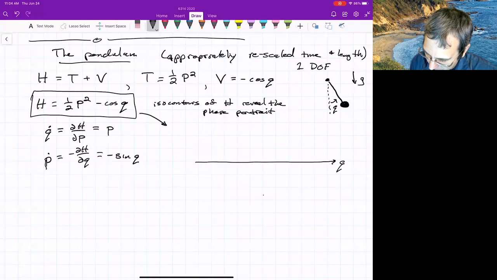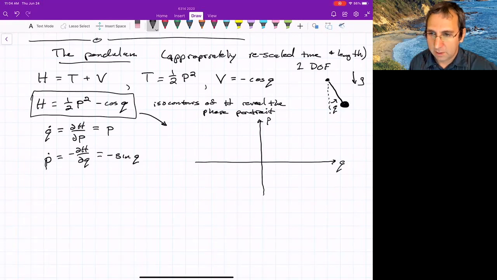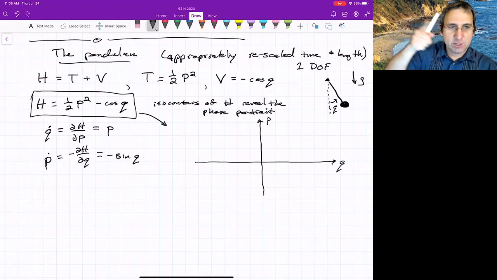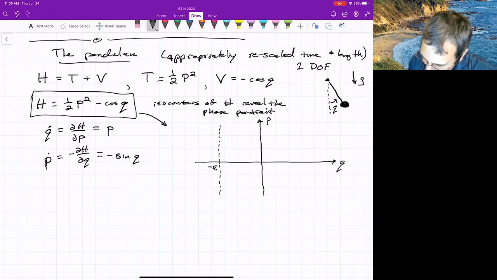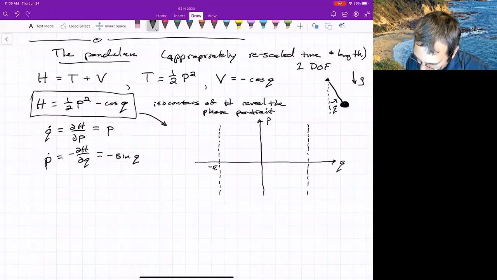So here's Q, here's P. We would say that Q is on the circle, but you could think of it as Q going from negative pi to pi, and negative pi and pi are the same physical position, the vertical position. This is negative pi, and over here, pi.